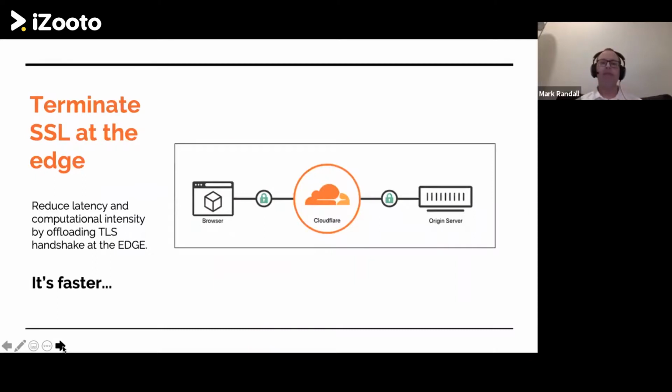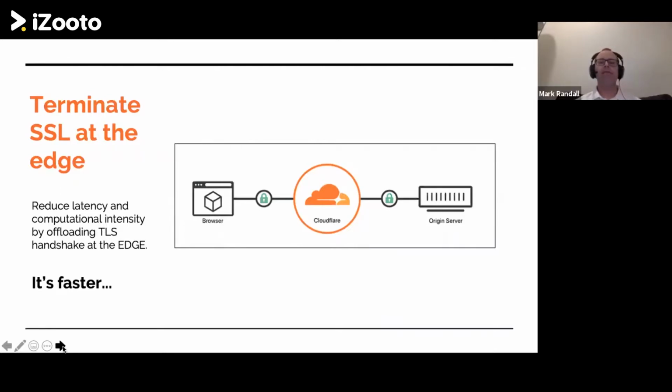Another thing which makes sense across the board is, when you're using secure certificates, which everyone should be now, because otherwise you're going to get penalized by Google and your site isn't going to be secure, to have those SSL certificates terminated at the edge, not on your server. Providers like Cloudflare, again a partner that's integrated into our platform, allow you to do that.